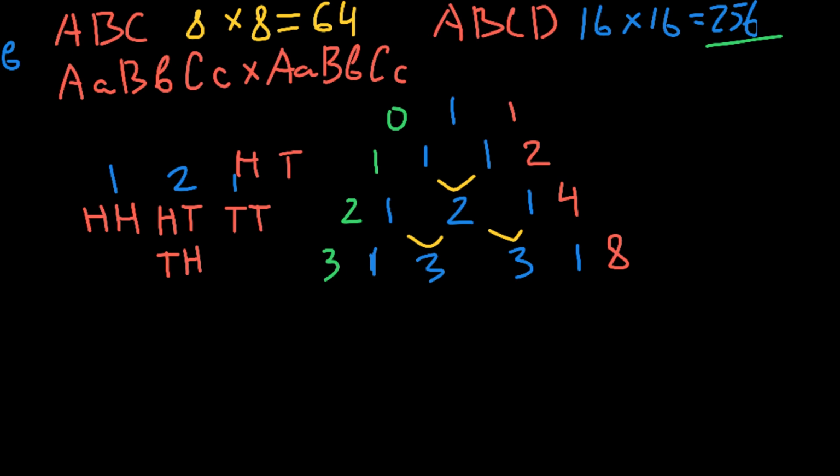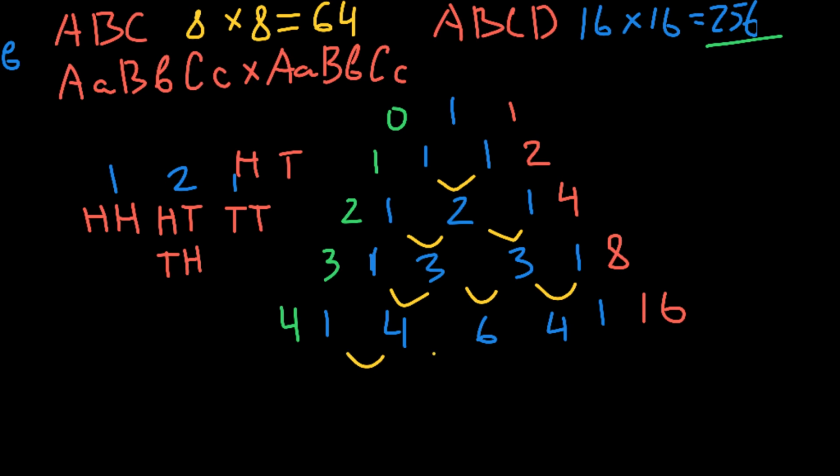So now let's move faster. So next row would be row number 4. 1 here, 1 here, 16 here on the side, 16 possible combinations, and let's put numbers here. So 4, 6 and 4.